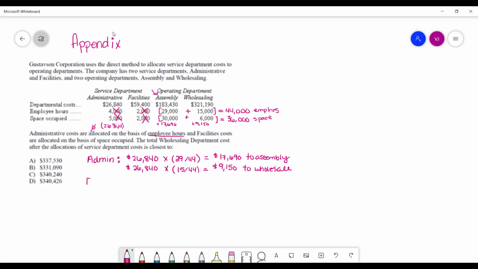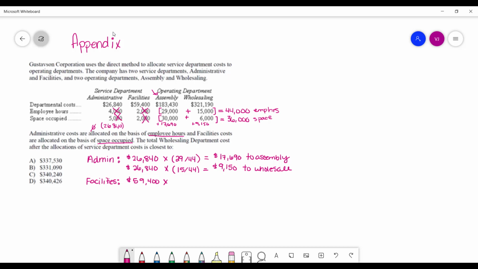Now we'll do the same for facilities. How much facilities cost is there to allocate? There is 59,400. How much of that will the assembly department get? Well, we need to look at the allocation basis. It says the facilities costs are allocated on the basis of space occupied.